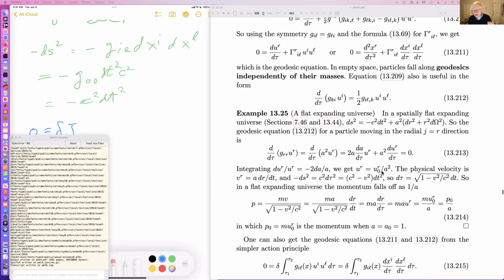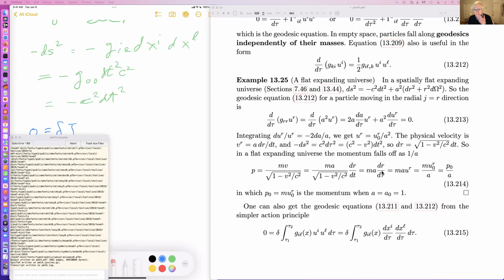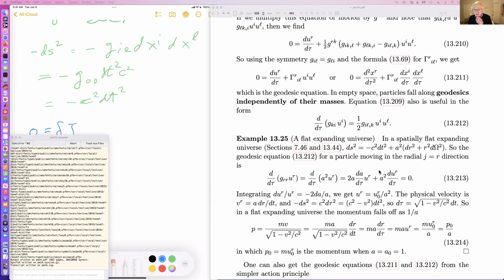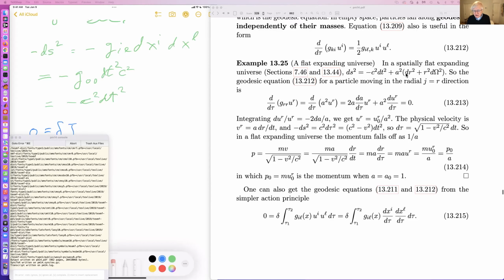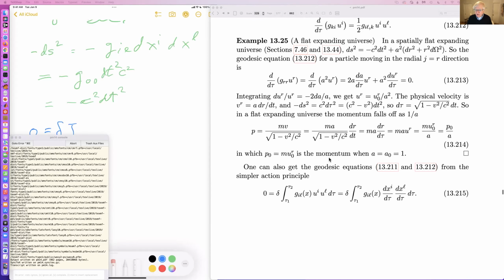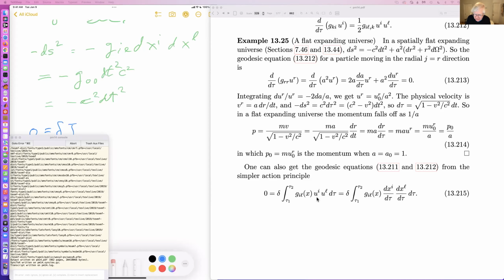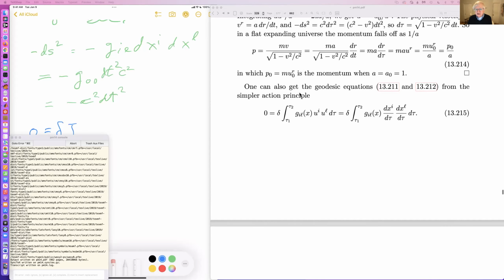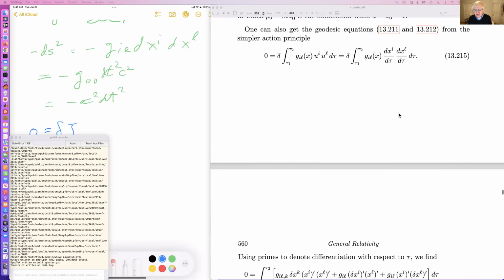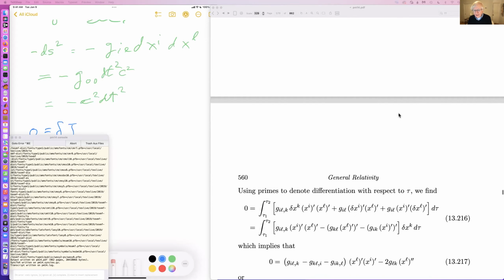Well, it turns out that one can derive this geodesic equation more simply from a simpler action that is not reparametrization invariant, but is vastly simpler. And so what you have here is you just set the variation of g_il u^i u^l equal to 0.